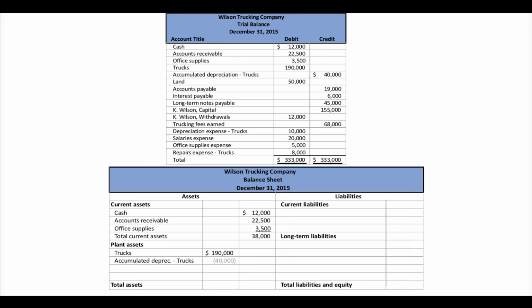And again, similar to the format I showed you in my example, we have the starting price of the trucks minus accumulated depreciation, and that totals out to what's left over. And adding current assets to net trucks plus land is going to give us our total asset balance of 238.